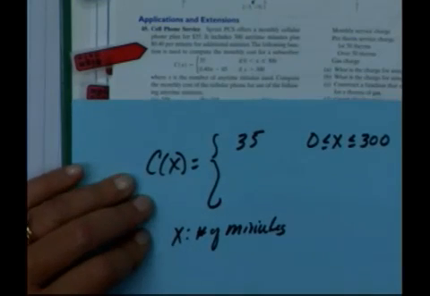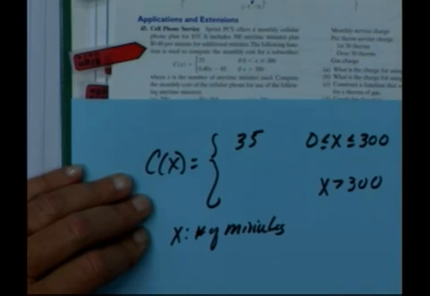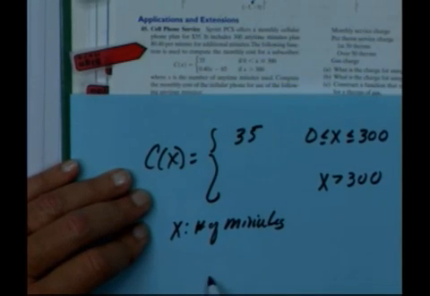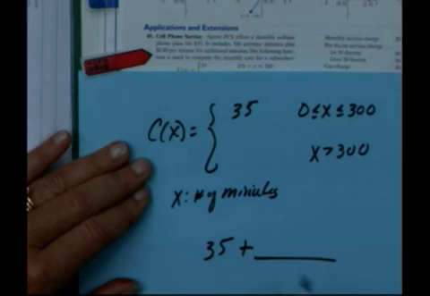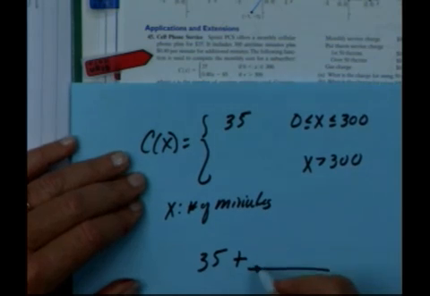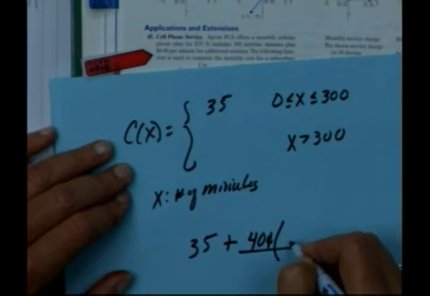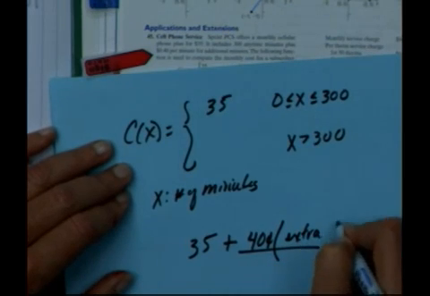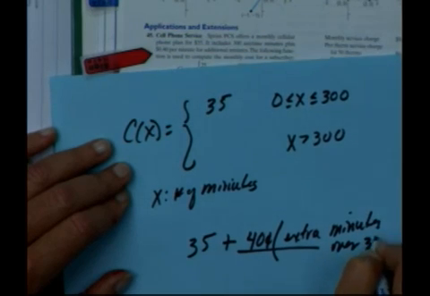I want to double check behind them to make sure they're right. So let's do our words. Whenever your minutes go over 300, what's your cost going to be? $35 plus all your additional minutes over 300, which is going to be 40 cents times the extra minutes over 300.